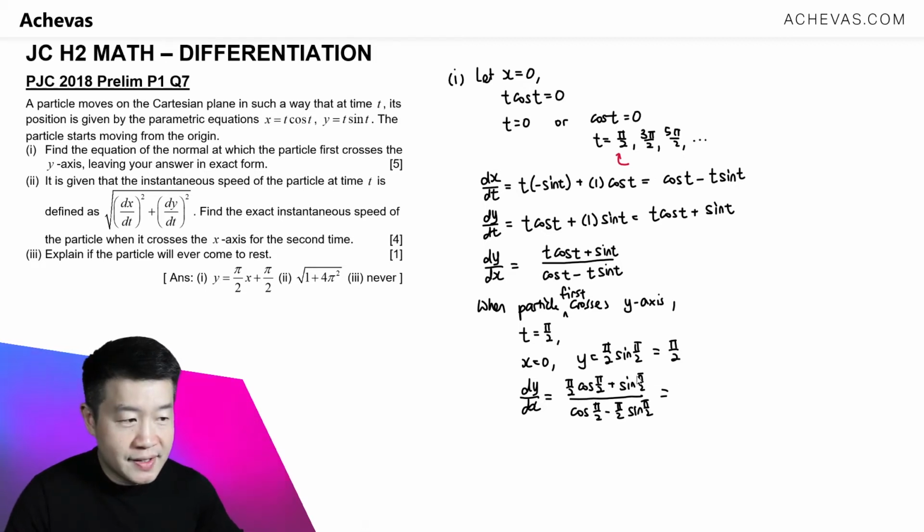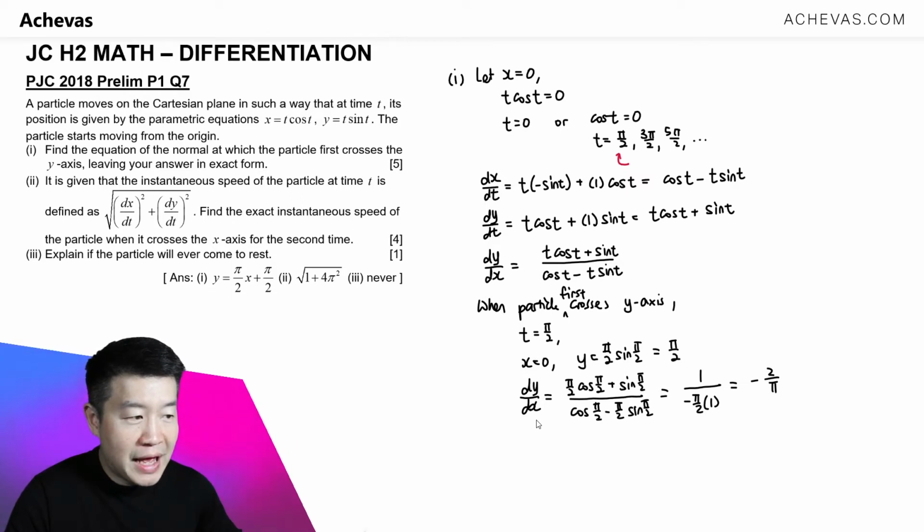Cosine pi over 2 is 0, sine pi over 2 is 1. So 1 divided by 0 minus pi over 2 sine pi over 2, which is 1. And this tells us that dy dx is minus 2 over pi.